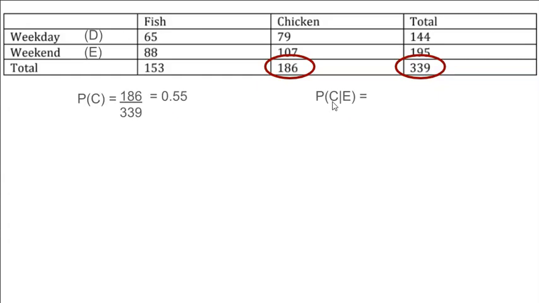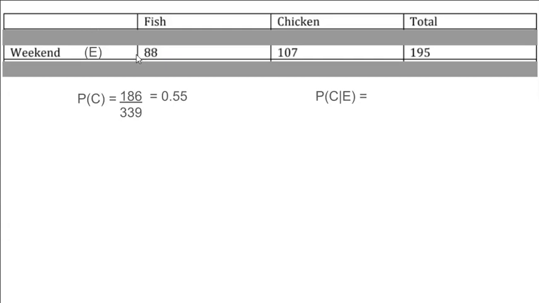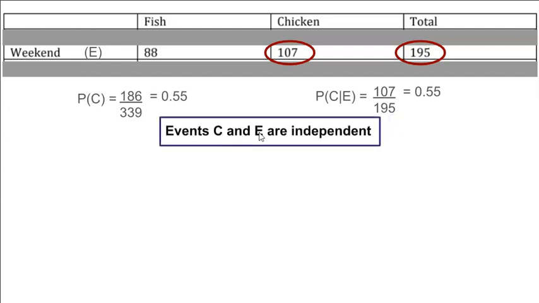To get the probability of chicken given that it is a weekend, we will only look at the data from the weekend. There are 107 chicken orders out of 195 total weekend orders, giving us a probability of 0.55. So we know that events C and E are independent, so the day of the week does not affect the probability of ordering chicken.